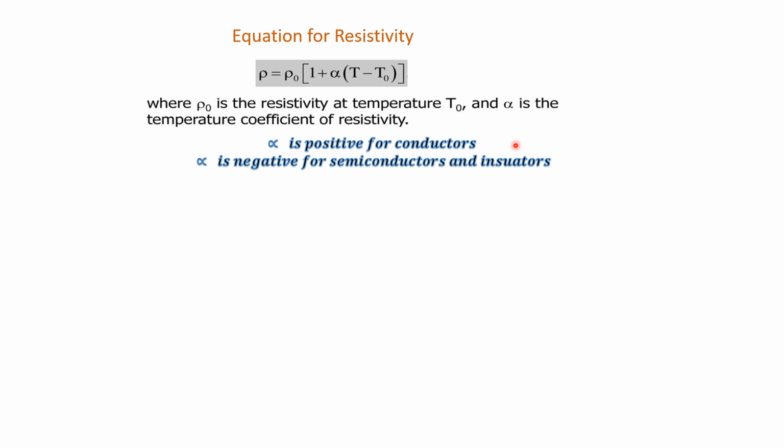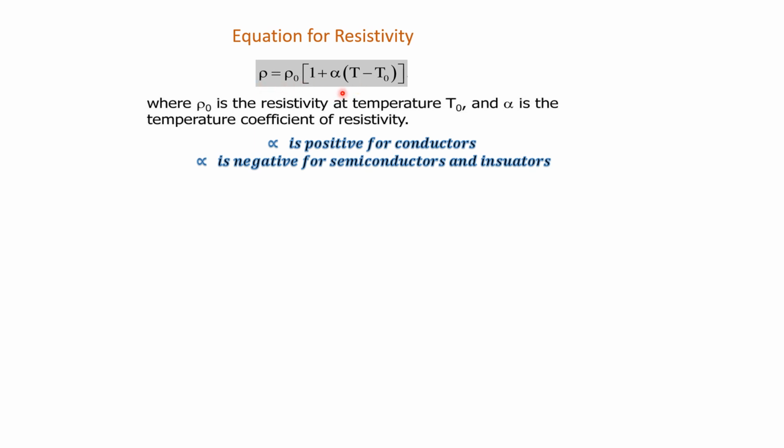So we see here that depending on whether it is a conductor, semiconductor or insulator, the values of alpha are either positive or negative. For conductors, alpha takes positive values. We know that the resistivity increases with the increase in temperature.